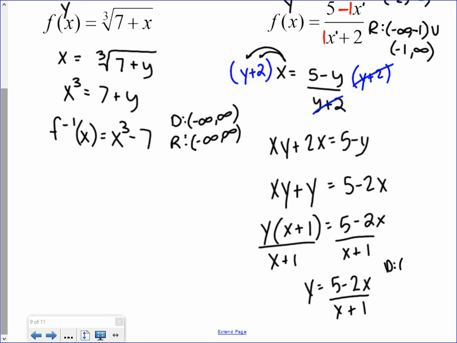So our domain is negative infinity to negative 1 in union with negative 1 to infinity. And if we do the horizontal asymptote on this one, again you look at the ratio of the leading coefficients: negative 2 over 1, which is negative 2. Isn't that what we restricted from the domain? And that's our new range. So our range is that old domain.